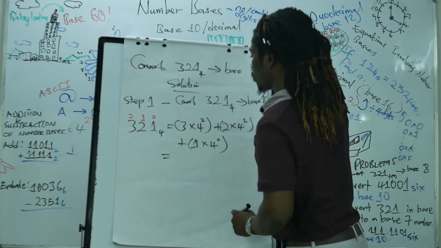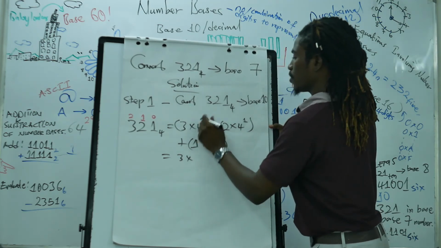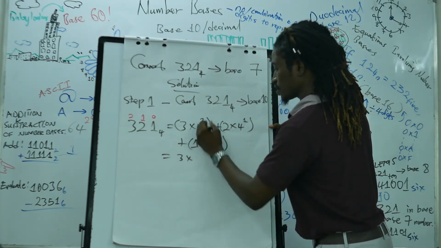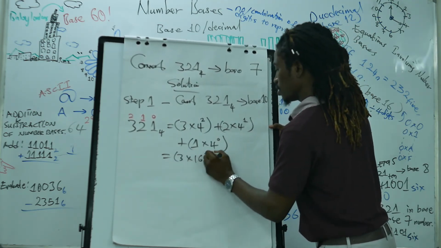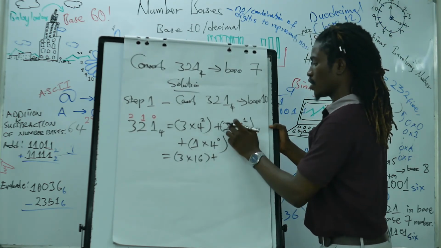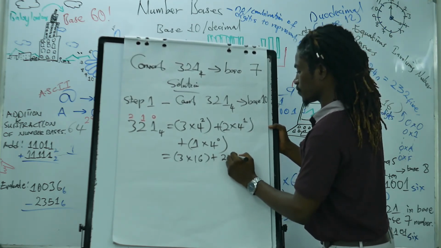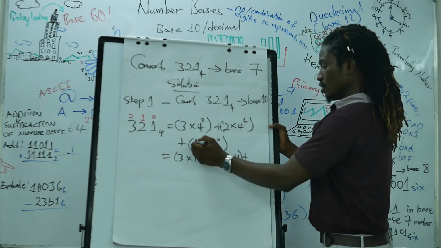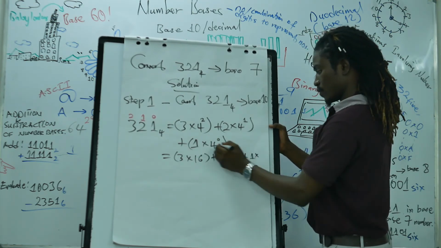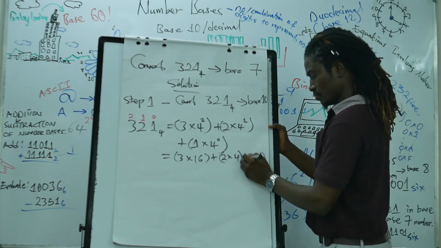This is all going to be equal to 3 multiplied by 4 raised to the power 2, which is 4 times 4, 16, plus 4 raised to the power 1 is 4, so we have 2 times 4, plus 1 times 4 raised to the power 0, which is 1.